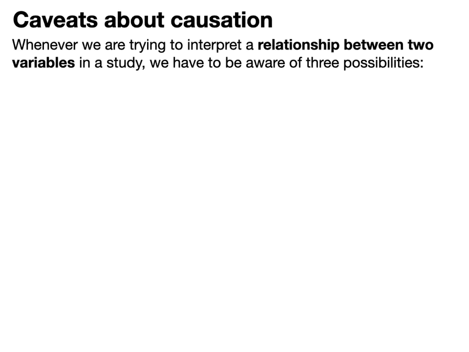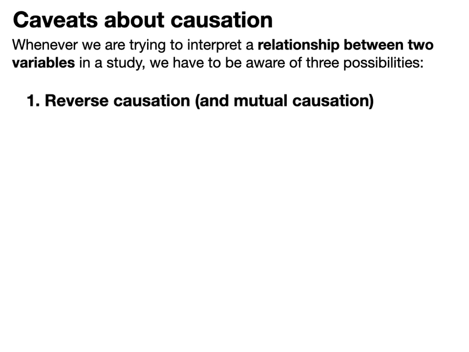Okay, so I want to present a few caveats about cause-effect relationships. Whenever we're trying to interpret a relationship between two variables in a study, we have to be aware of other possibilities. It could be that variable X causes variation in variable Y, but that's not the only reason we could observe a relationship between them.